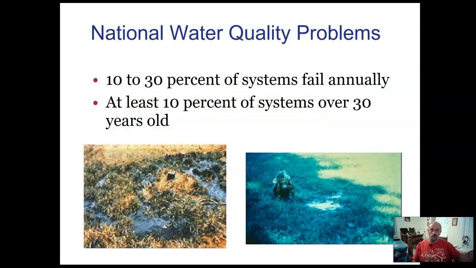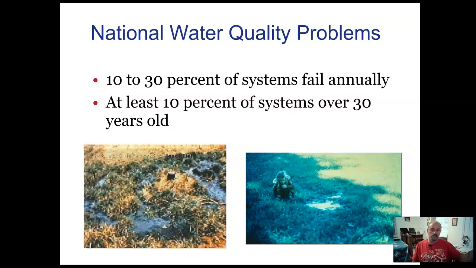National water quality problems. 10 to 30% of systems fail annually, and at least 10% of systems over 30 years old do. Failing septic systems have caused a water quality problem throughout the United States. Between 10 and 30% of septic systems fail annually, and when the septic system fails, sanitary wastewater may leak into nearby surfaces or groundwater sources.